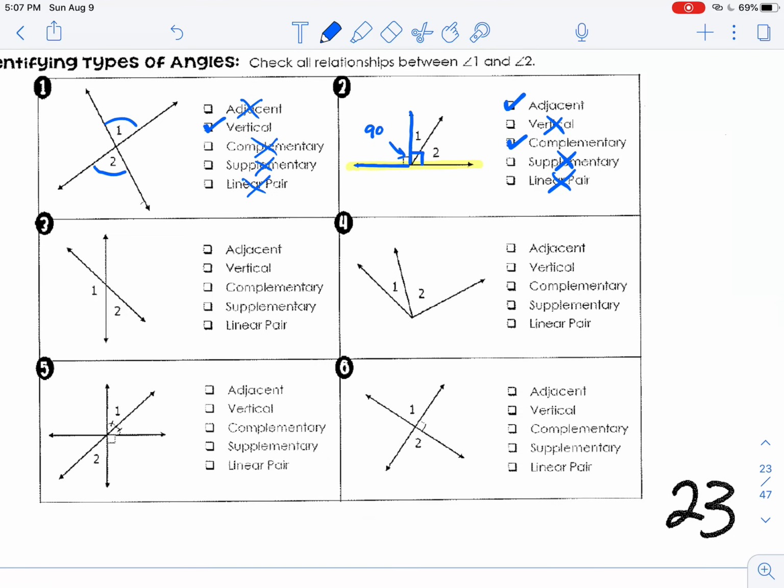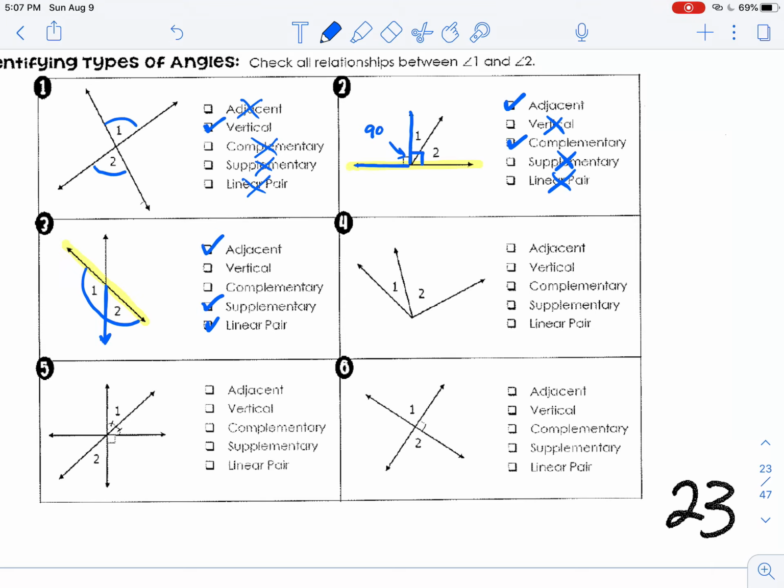In number 3, okay, we've got two angles, 1 and 2. Again, we have a straight line here, and the angle 1 and angle 2 are going to add to 180, so we know that they are supplementary. They also share a side and have no points on the interior in common, so we know that they are linear, and since they share a side, we know that they are adjacent.